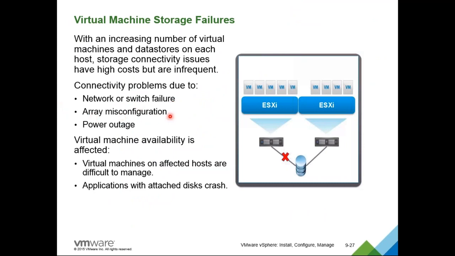The second one is array misconfiguration. On the storage end, if the array is misconfigured, the paths are not configured properly and not presented properly to your ESXi host, and if any path is down, your storage will not be discovered from the secondary path.